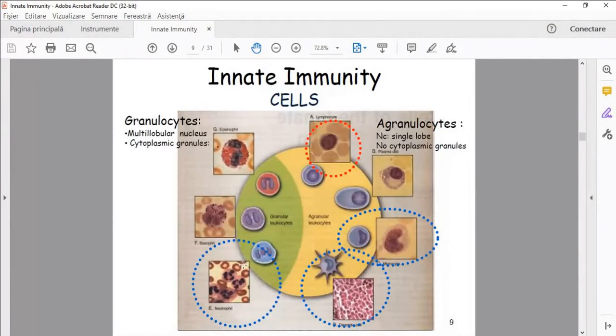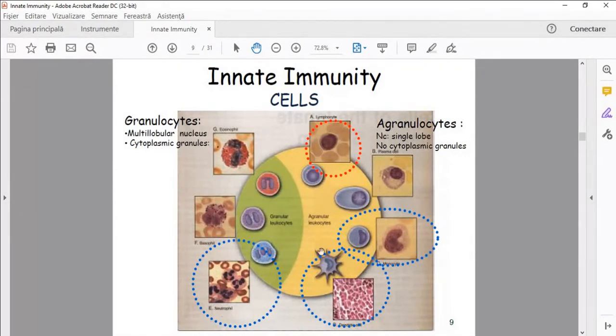Let's talk about innate immunity cells. As you already know, leukocytes can be divided into granulocytes and agranulocytes, depending on their cytoplasmic content.